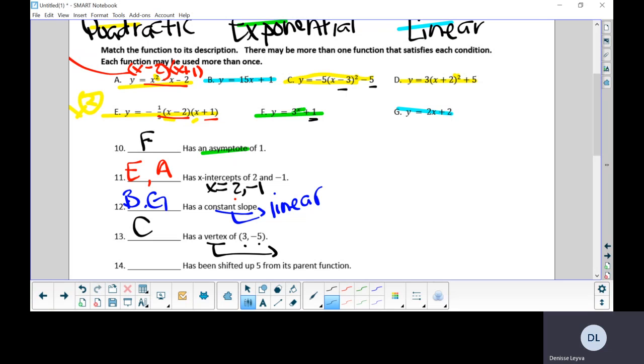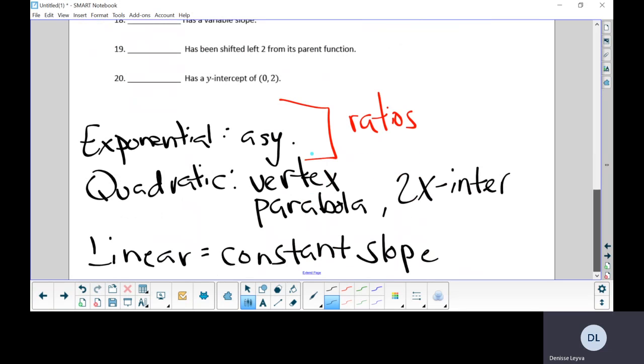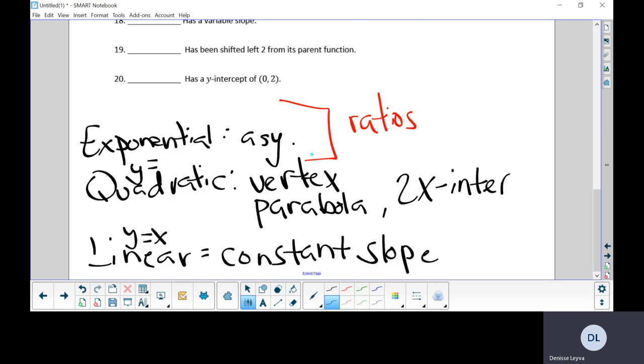Moving to question number 14, which has been shifted up 5 from its parent function. If you guys recall, for linear functions, the parent graph is y equals x. For quadratic it is y equals x squared.